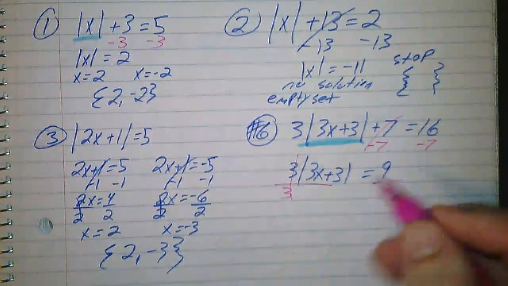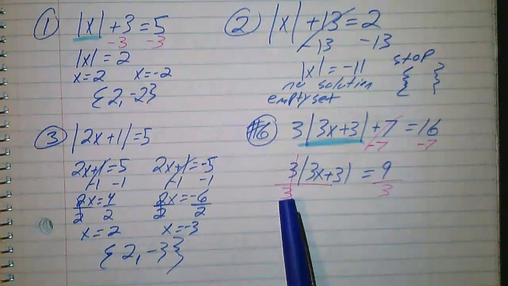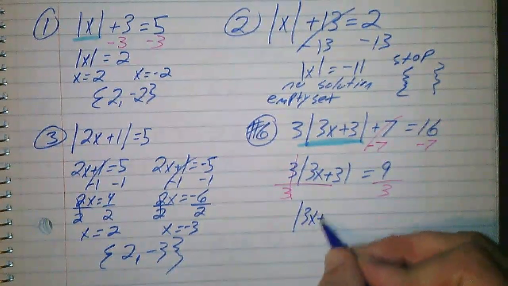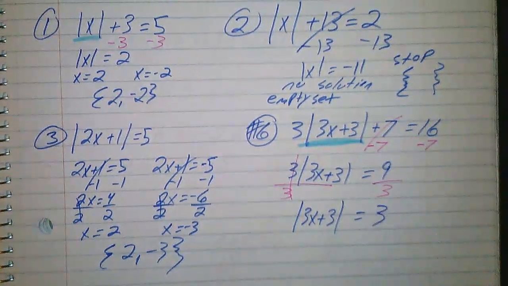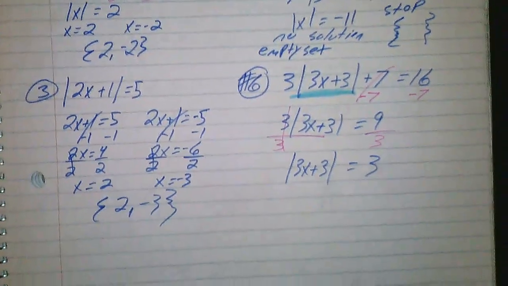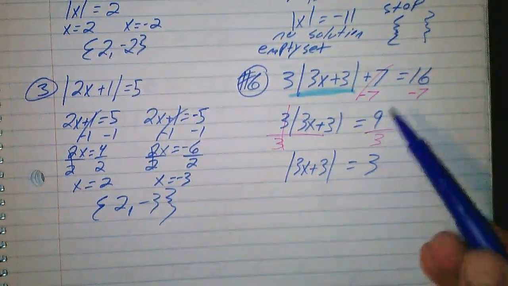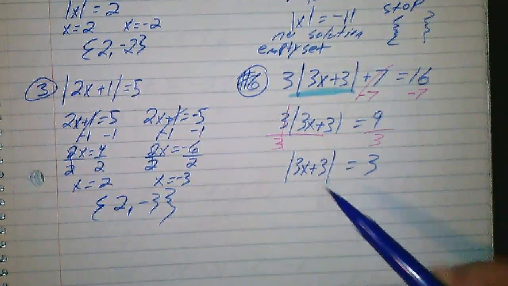Anything we do to one side of the equation, we do to the other. So it just cancels out on the left. Now we have the absolute value of 3x plus 3 equals 3. So that is how we get this work down to isolating the absolute value piece.